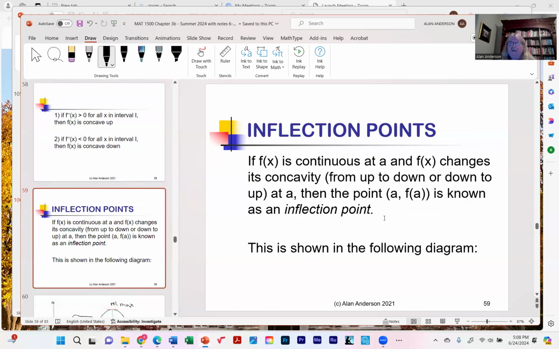Inflection points. Now, here's one of the strange things that can happen. If f of x is continuous at a, and the concavity changes at that point from up to down or down to up, then we call that an inflection point. It's hard to visualize what this looks like.